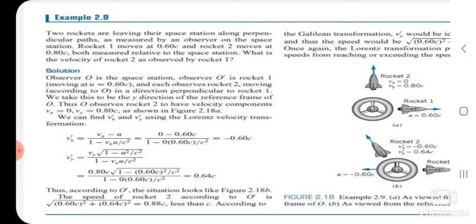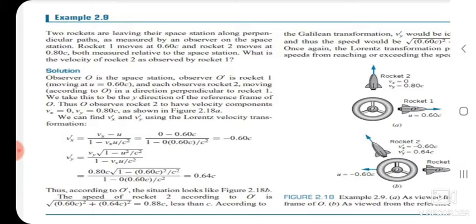As measured by an observer on the space station, rocket 1 moves with velocity 0.6 c and rocket 2 moves with velocity 0.8 c, both measured relative to the space station. What is the velocity of rocket 2, which is moving perpendicular to rocket 1, observed by rocket 1? That we have to find out.